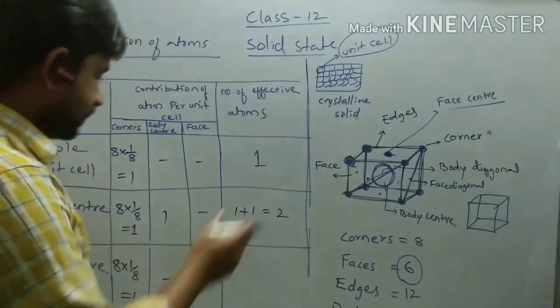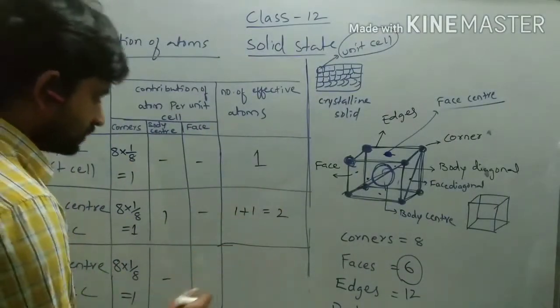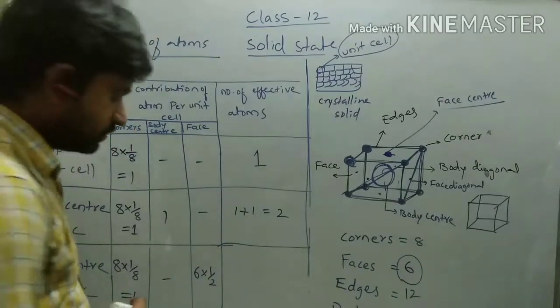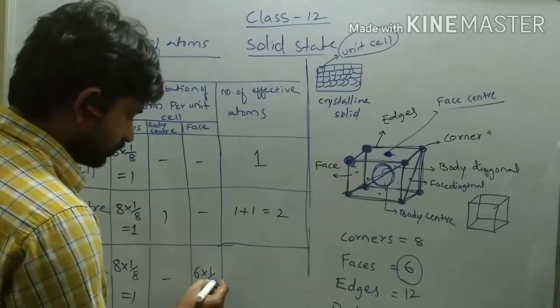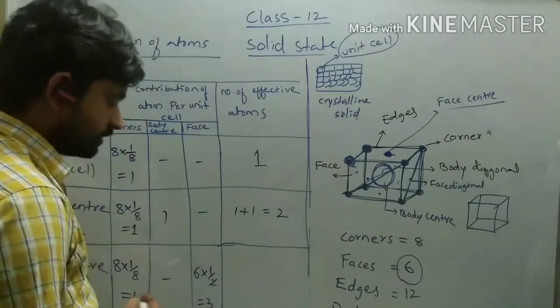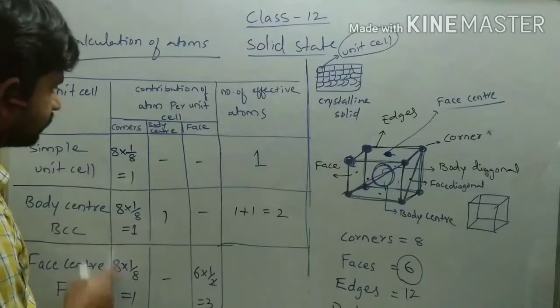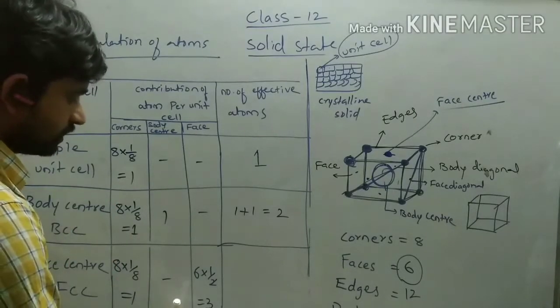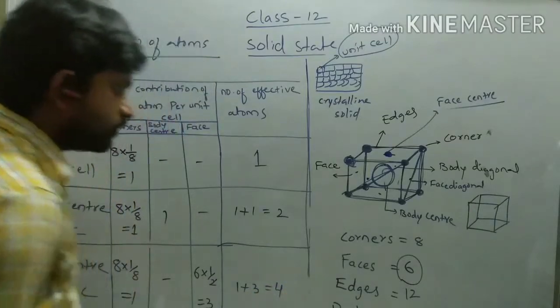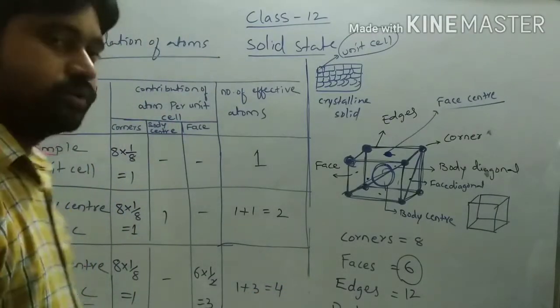Are you getting my point? Then what will be its contribution? Here 6, half of the part will be contribution, so we get 3. Then 1 from corners and 3 from face centers, 1 plus 3 is 4. Number of effective atoms in FCC is 4.